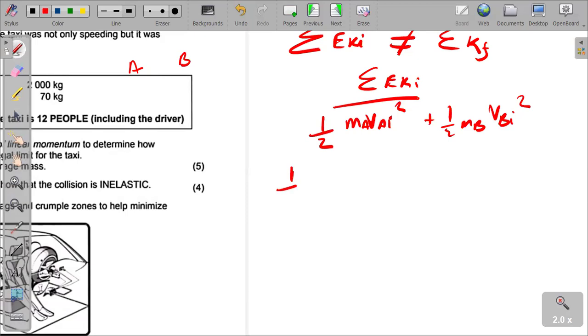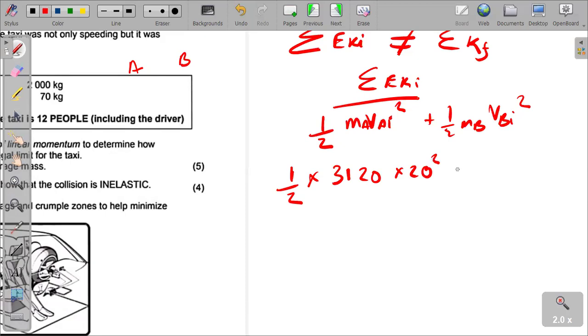So I'm going to have half multiplied by, now the mass of the taxi is known. It's the overloaded taxi, 3,120. That's the one we are using. Multiplied by 20 squared, right?